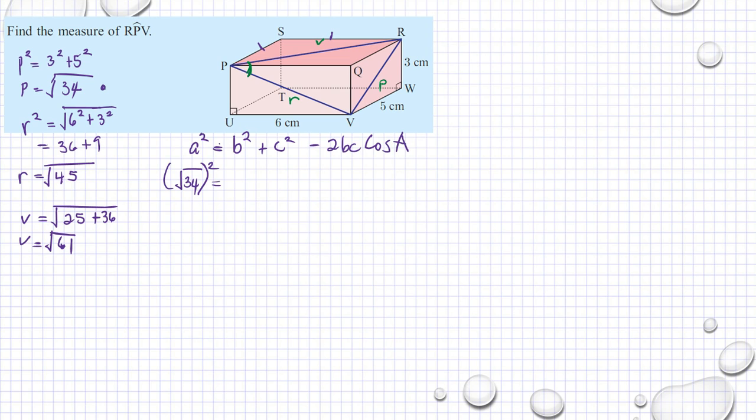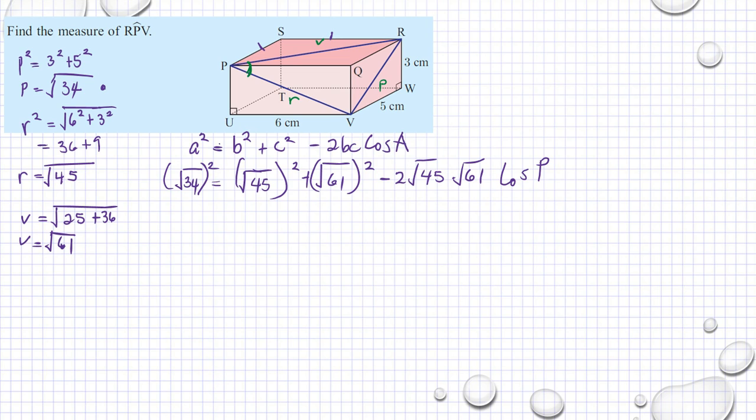And my b, it doesn't matter, r or v, so we have the square root of 45 squared plus the square root of 61 squared, minus 2 times the square root of 45 times the square root of 61 cosine p.